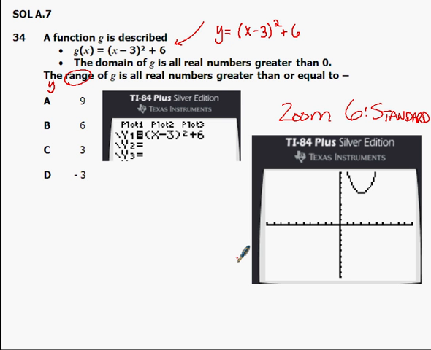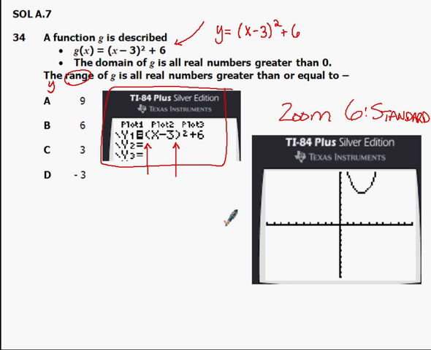So if I go to my calculator and I press y equals, I can type in this exact equation, and I'd like you to do that and make sure that your calculator screen on y equals looks exactly like mine does, making sure that you are very, very careful that you're using parentheses and that you've squared the quantity x minus 3.